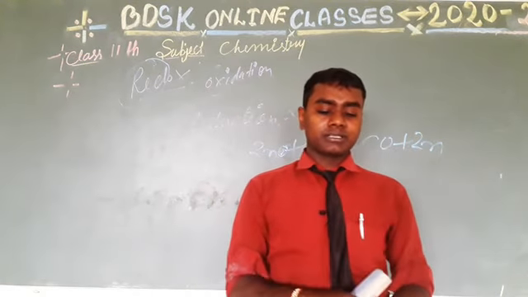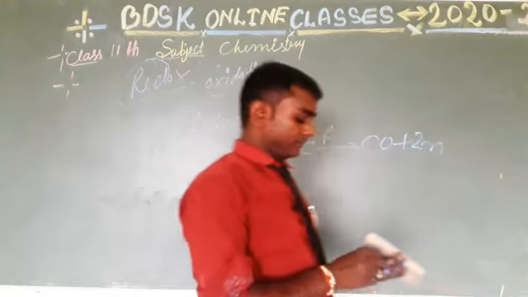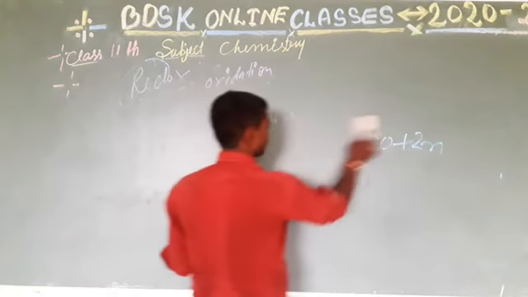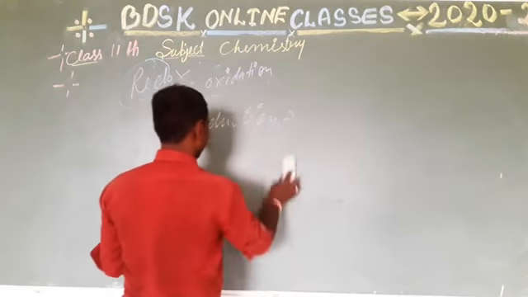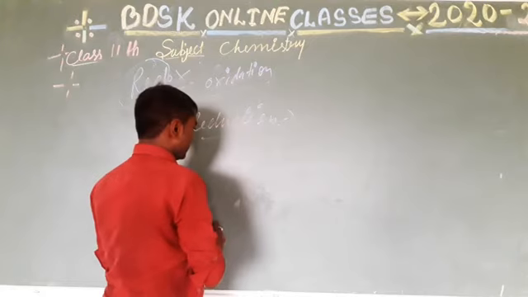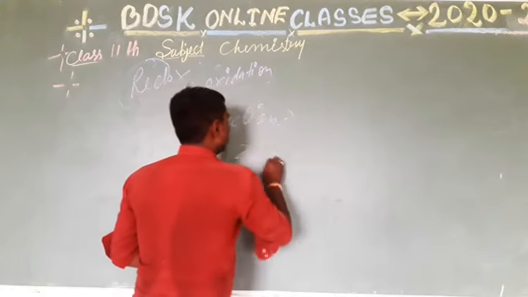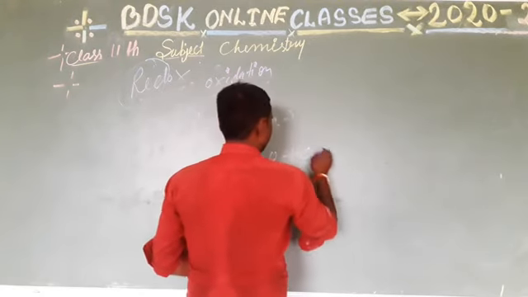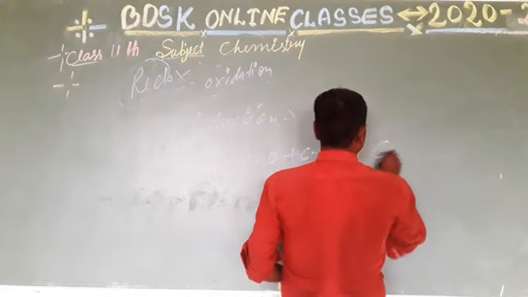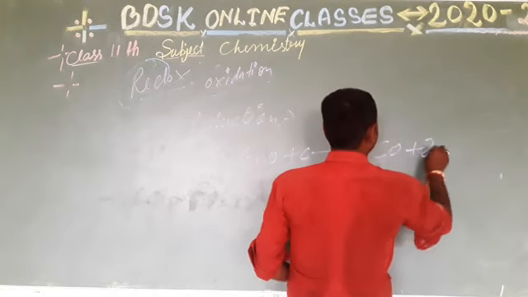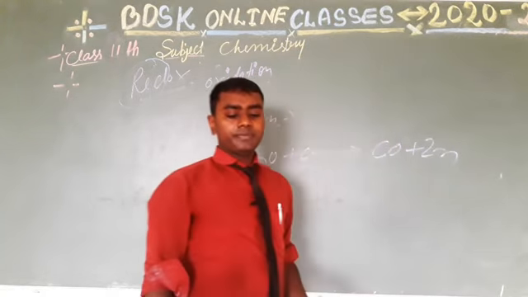Okay, so you know that oxidation and reduction reactions go side by side, means both are present simultaneously in some reactions. So you can see that this is zinc oxide that I already told you, and this is carbon, and it forms carbon monoxide and zinc.